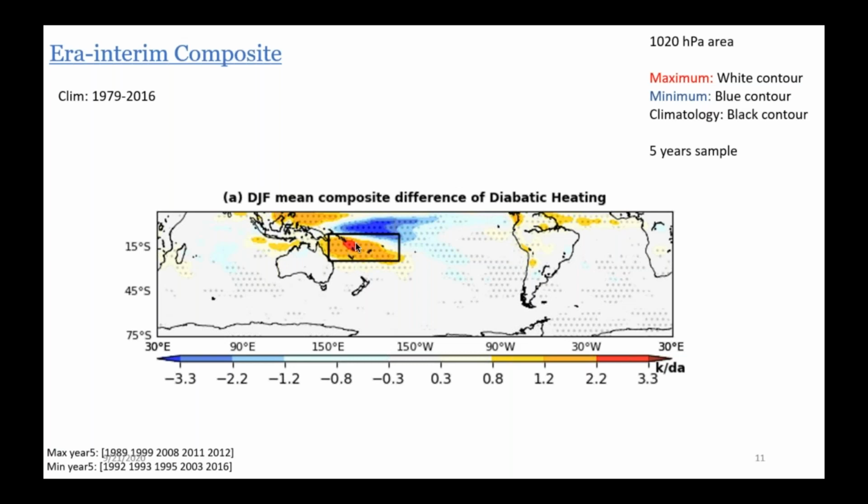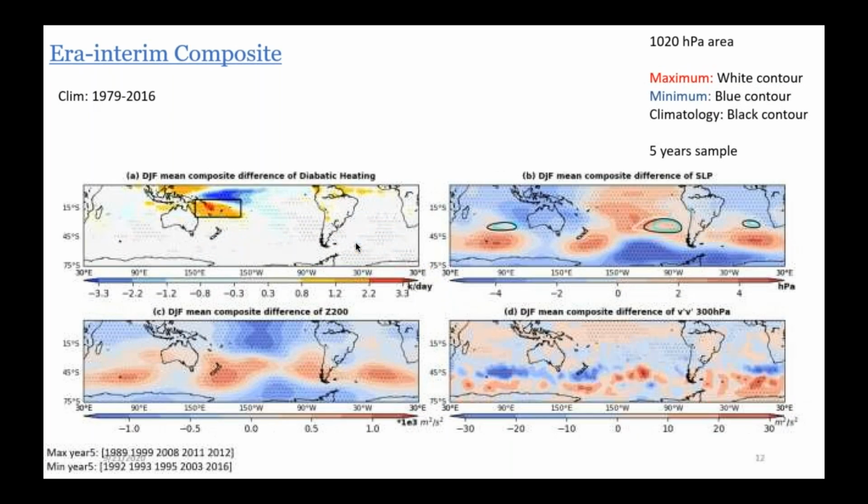Now, how does that composite analysis actually influence other variables such as sea level pressure, geopotential height and storm tracks? This is the same figure as the last one we have seen, and the top right figure shows the sea level pressure.